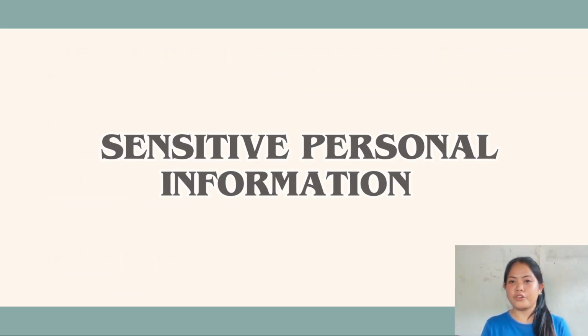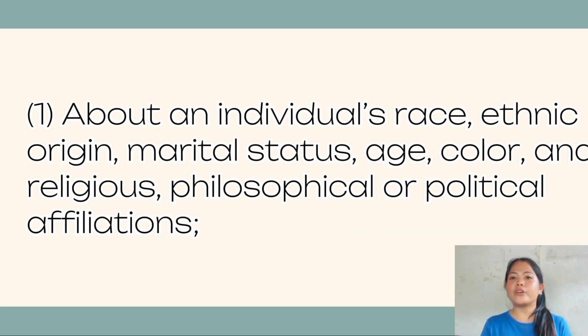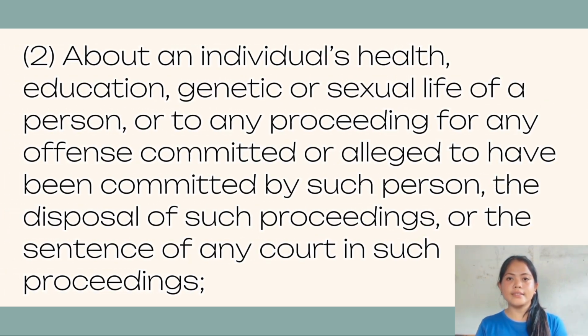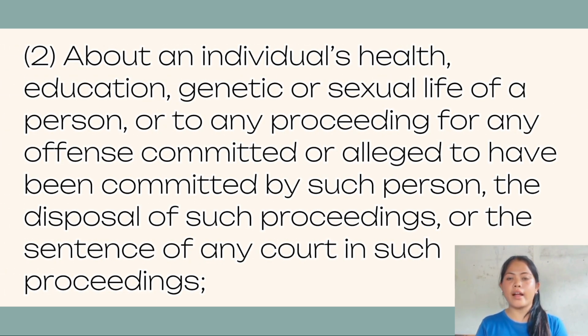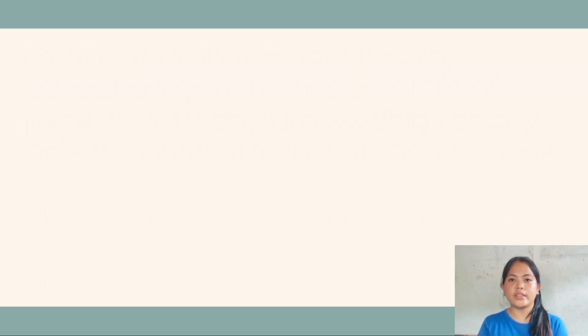Sensitive personal information. First, about an individual's race, ethnic origin, marital status, age, color, and religious, philosophical or political affiliations. Second, about an individual's health, education, genetic or sexual life, or to any proceeding for any offense committed or alleged to have been committed by such person, the disposal of such proceedings, or the sentence of any court in such proceedings.